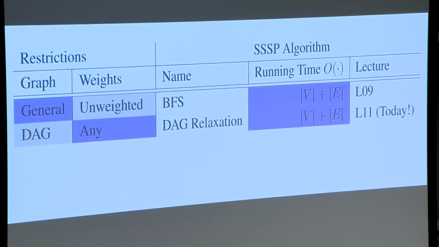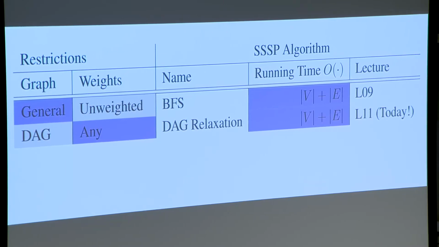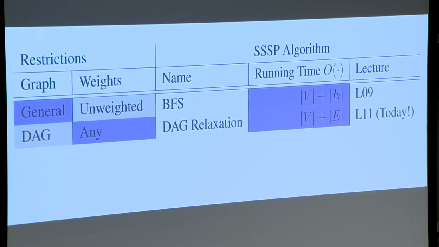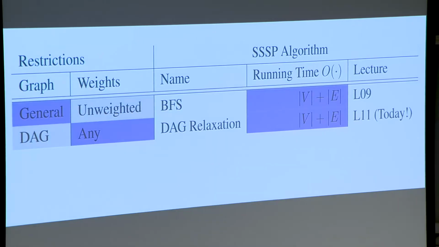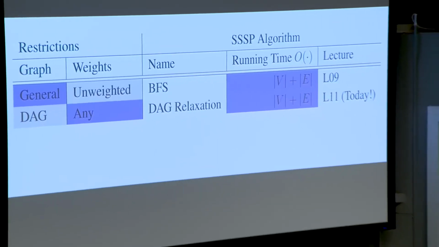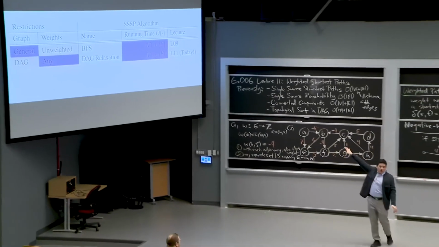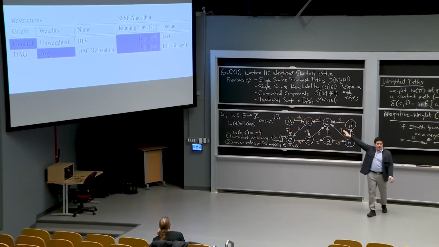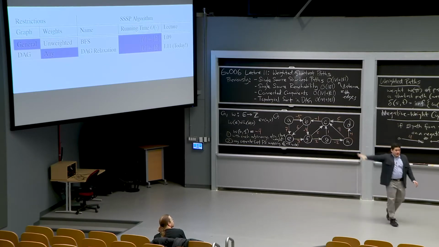Remember with BFS, we needed to restrict our edge weights to be positive and maybe bounded to get this good running time. For any set of edge weights, if our graph structure is a DAG, it really has nothing to do with the weights. If the graph structure is a DAG, then we can solve this single source shortest paths problem in linear time, which is pretty awesome.